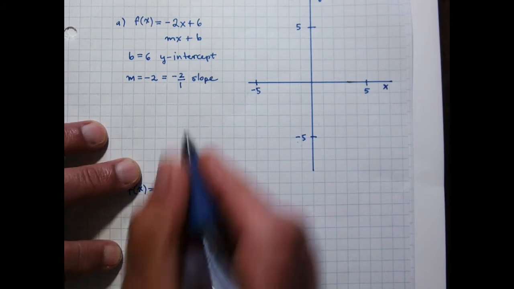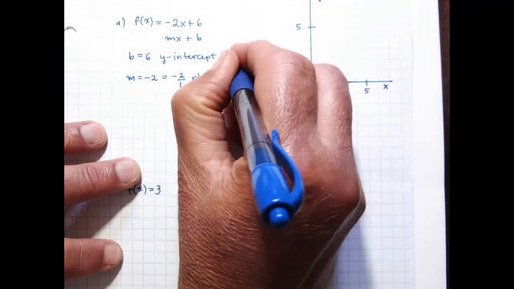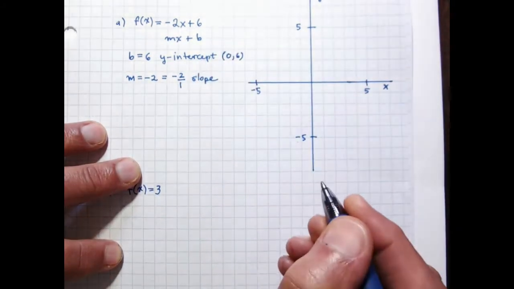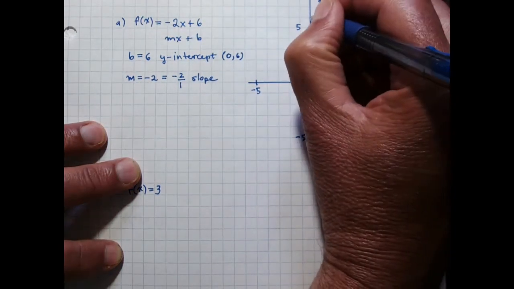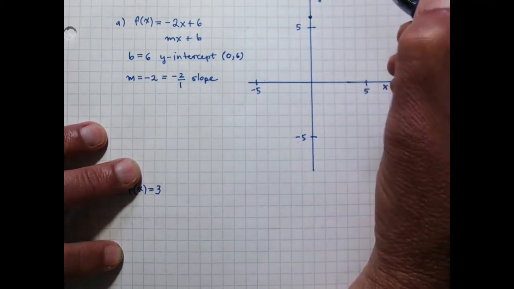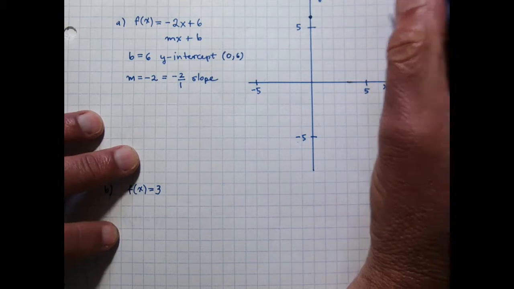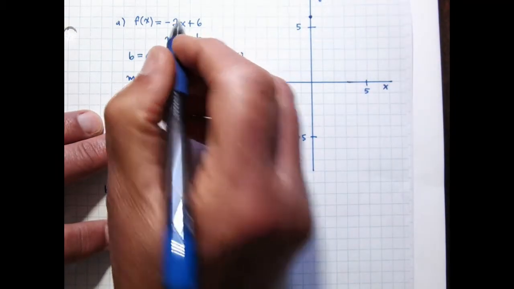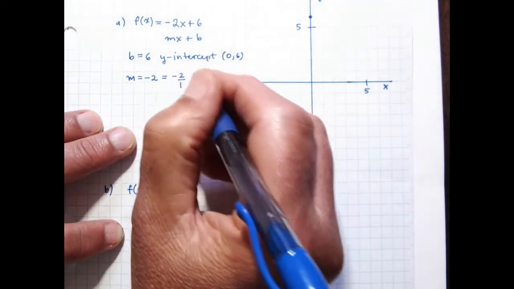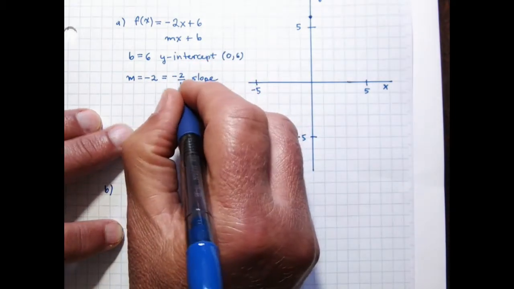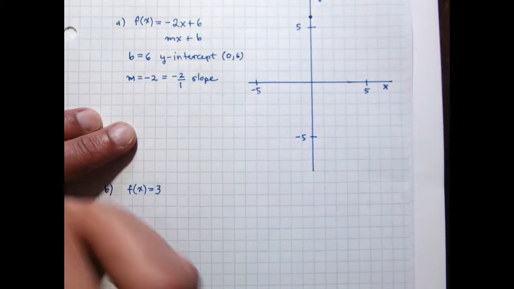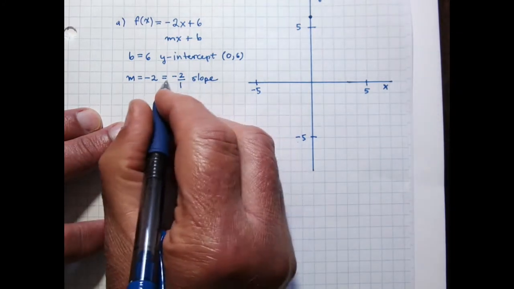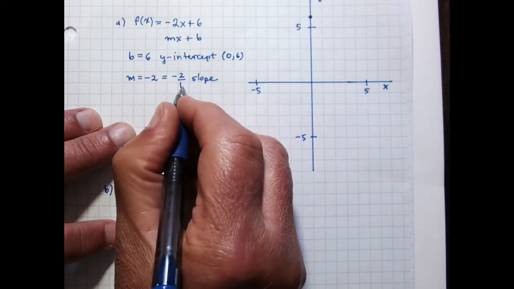I know my y-intercept is 0, 6. 0, 6 is a point on the graph. All right, that's right there. I got 1 point. One way you can get more points is just by plugging in, of course. You can also get more points by using the fact that the slope is negative 2, or negative 2 over 1.